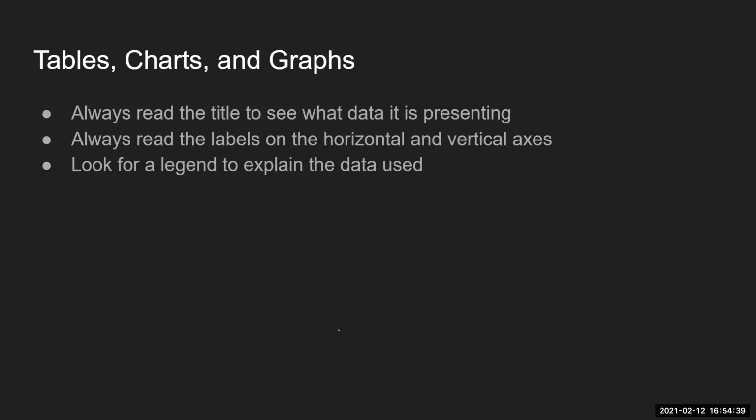And then always make sure you read the labels on the horizontal and the vertical axis, because they're going to tell you what the units are, what you're looking at. And then sometimes, especially with pie charts or even bar graphs, you'll have a legend that's telling you even more. So basically with these, just make sure you're looking at all the parts. Look at what the chart or the graph is actually presenting to you.